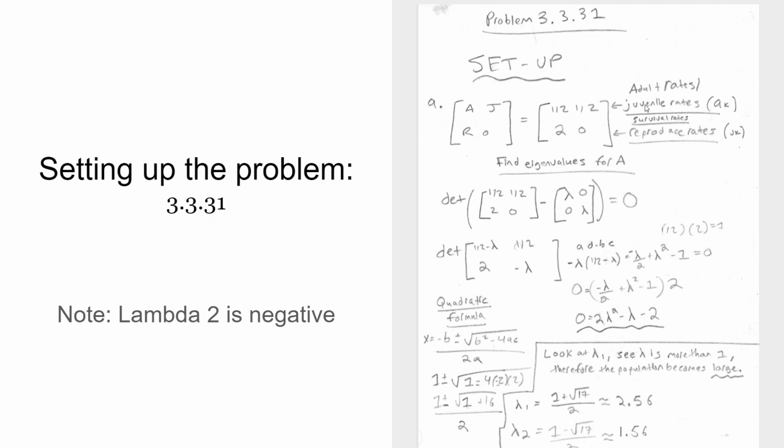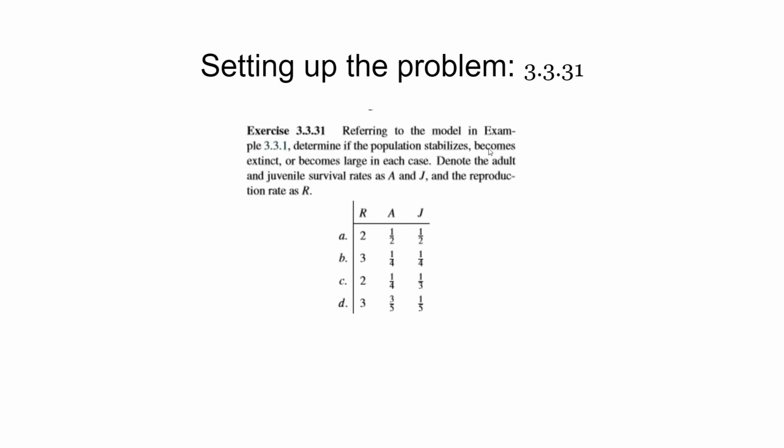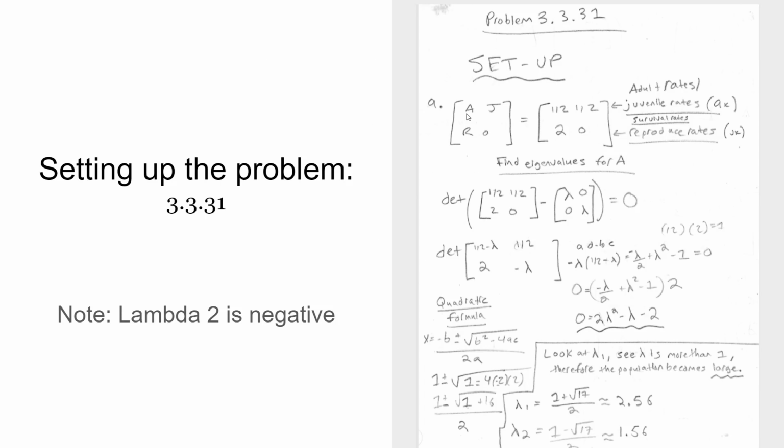A is the adult survival rate, J is the juvenile survival rate, and R is the reproduction rate. And you essentially take your values from the problem here, and you input them into the matrix. I don't think it matters whether A or J is here. I think it gives you the same eigenvalue if you have J here and A here. But I like to put A, J, R, 0 because that's the way it's set up in the example earlier.